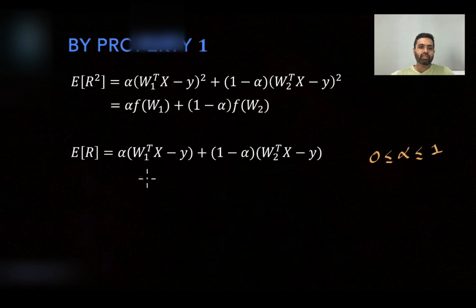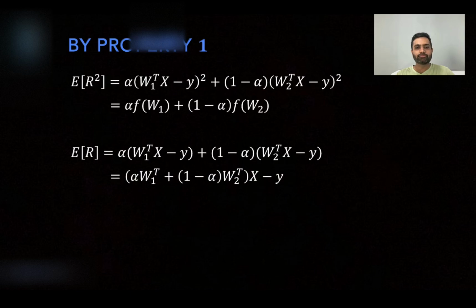If I simplify this equation, alpha into y and 1 minus alpha into y sum to y only, and the first term becomes alpha times w1 transpose plus 1 minus alpha times w2 transpose, and this entire row vector will be multiplied by x.